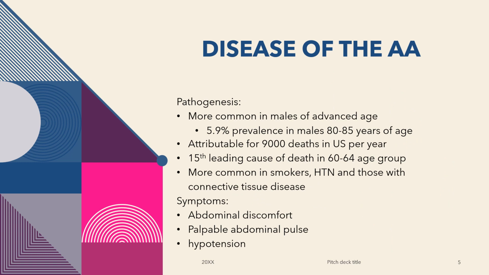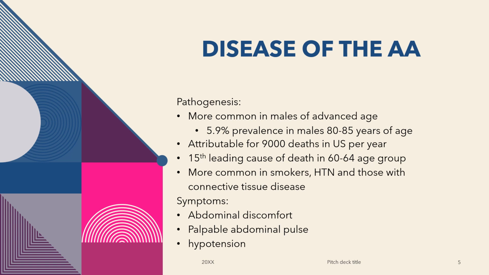So the pathogenesis of disease of the abdominal aorta is going to be more common in people of advanced age, specifically males. It's got a 5.9% prevalence in males 80 to 85 years of age, and it's attributable for 9,000 deaths in the US each year.